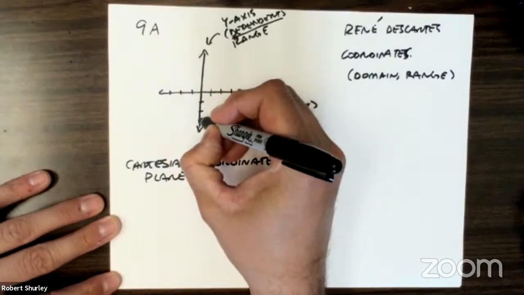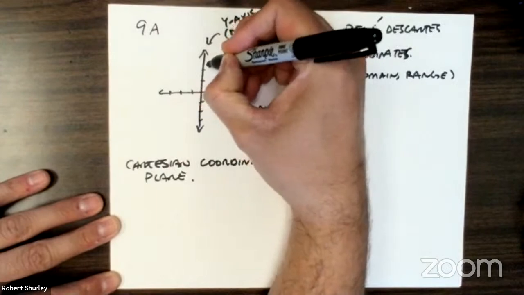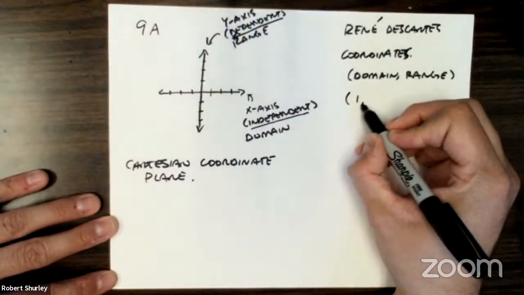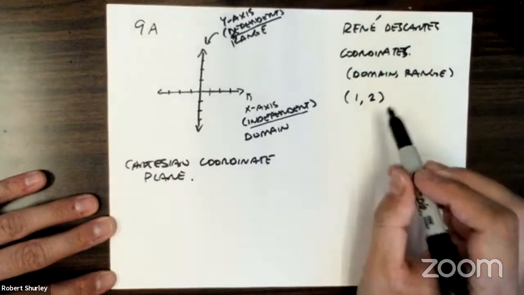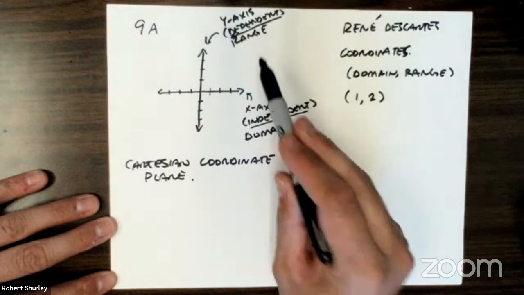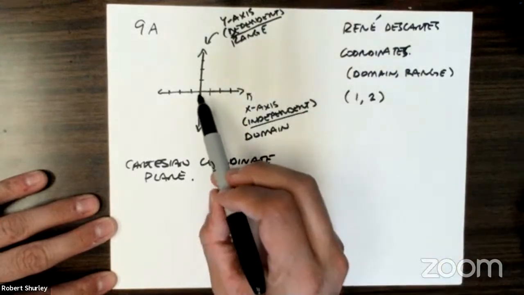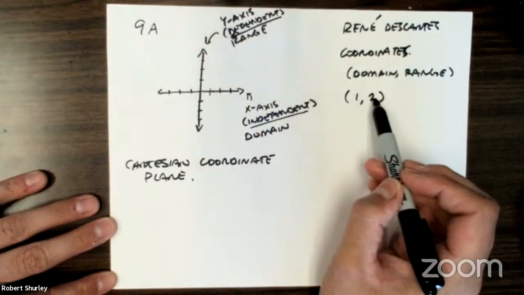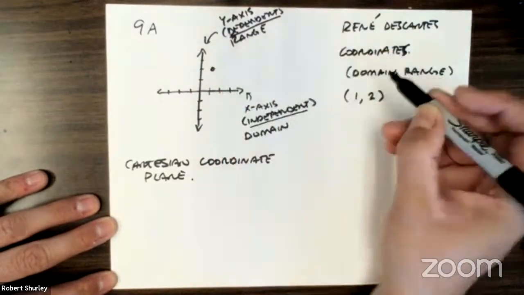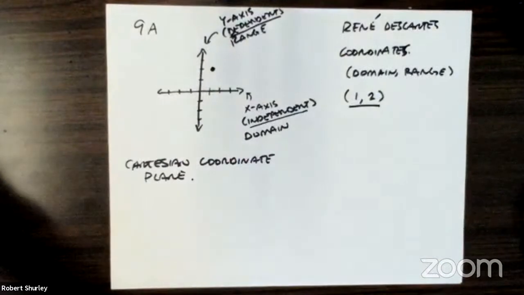Look, these are separate coordinates. They do not connect. It's just random coordinates on a plane, okay? So if we had like 1, 2, the coordinate 1, 2, well, this first coordinate's going to be our domain variable. That's our x-axis. So we're going to go over 1, and then the second coordinate is our y variable, up 2. Over 1, up 2, and boom. That would be the coordinate 1, 2.